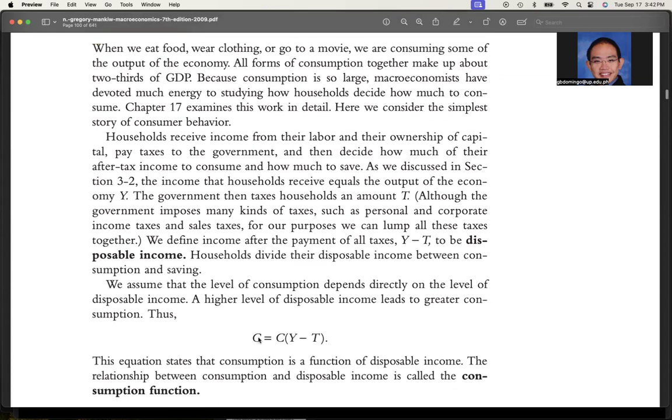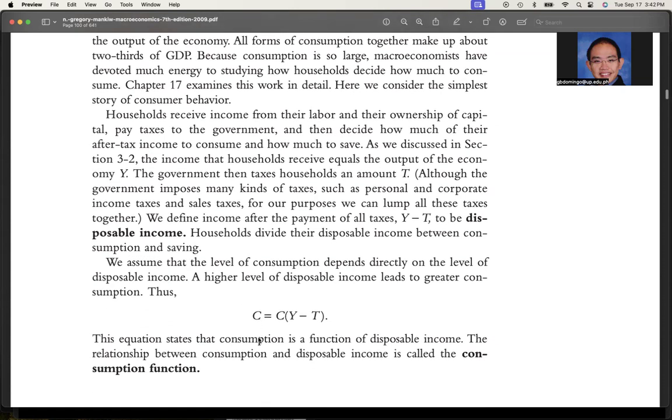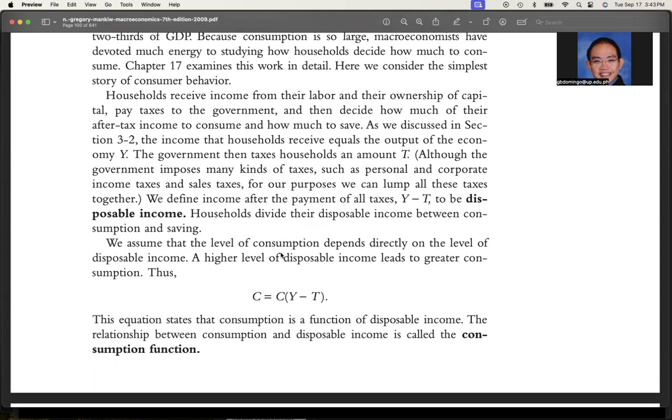So households receive income from their labor and their ownership of capital, pay taxes to the government, and decide how much of their after-tax income to consume and how much to save. Here we will do a simplified version of that, where households receive the output of the economy Y. The government then taxes households an amount T. For our purposes, we can lump all these taxes together.